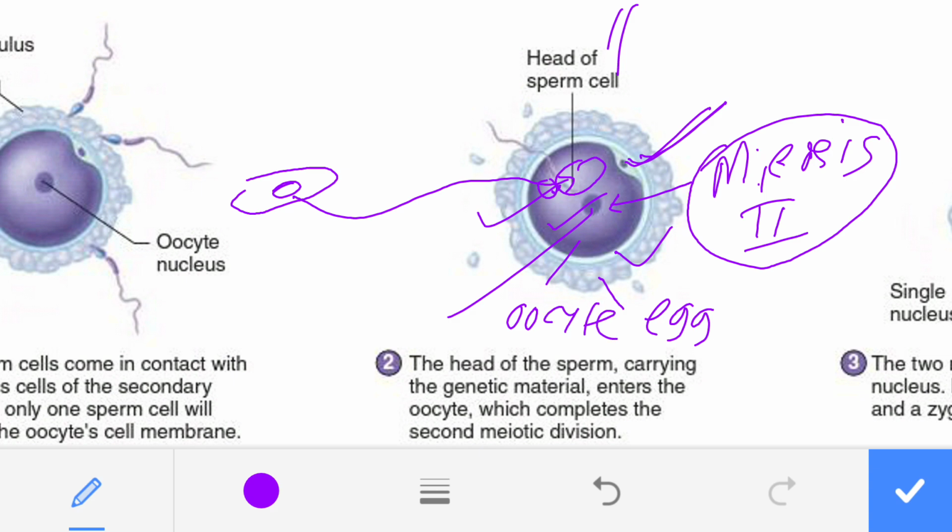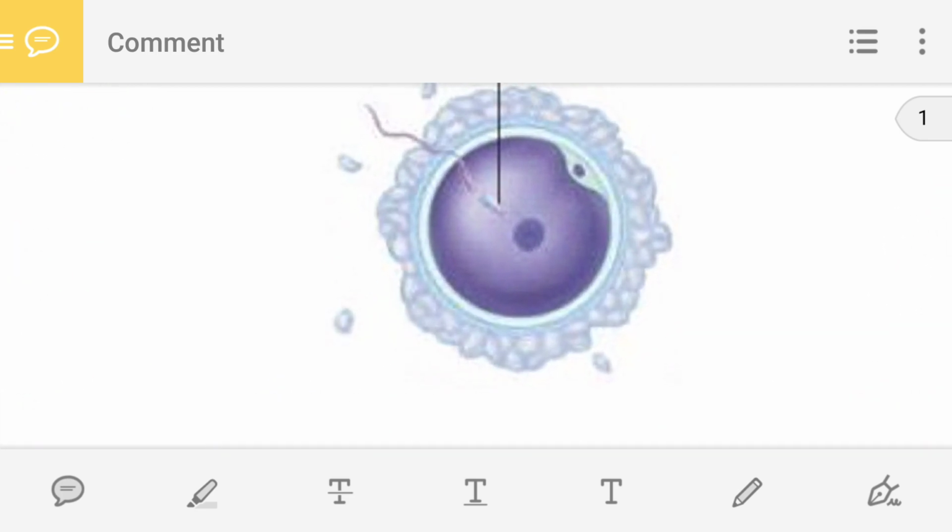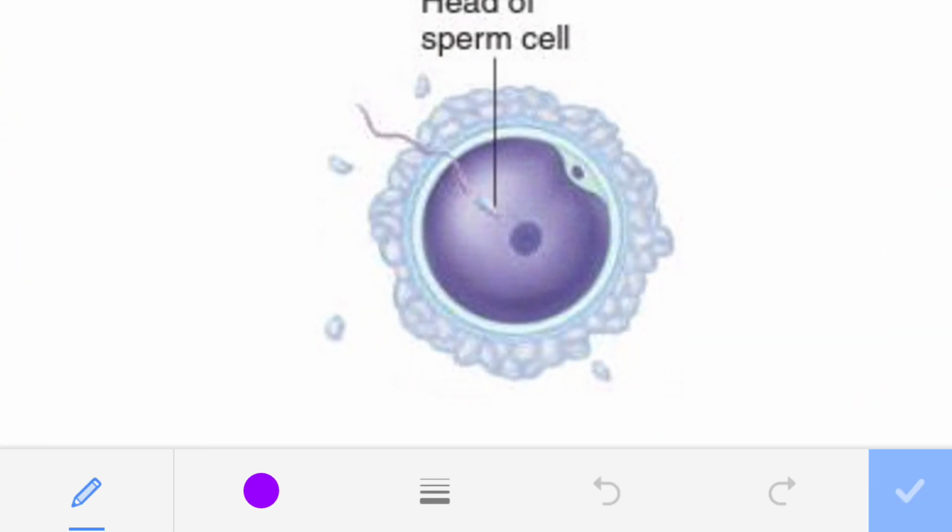Okay, now after some time this second polar body is going to degenerate. This nucleus is swelling, so this is known as the female pronucleus.